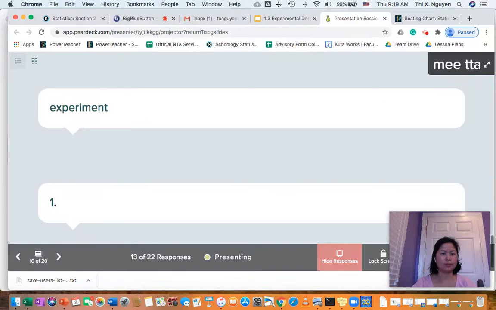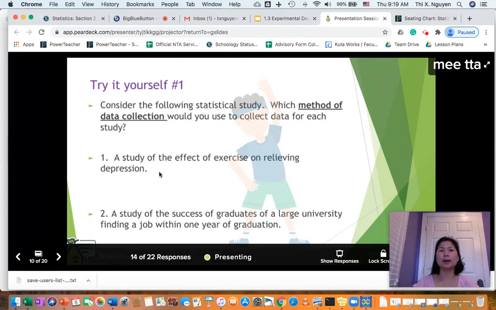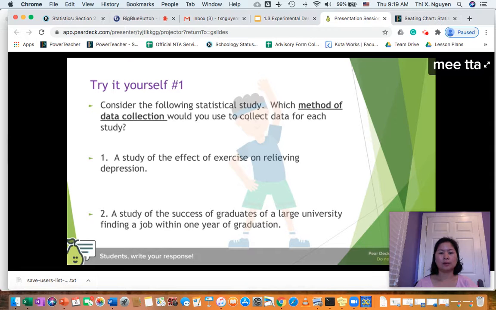Okay, all right. Number one, think about this. This is a study of the effect of exercise on relieving depression. So in this case, think about, are you going to do something? An experiment means actually do something. So ask yourself, are you going to do something for your study?